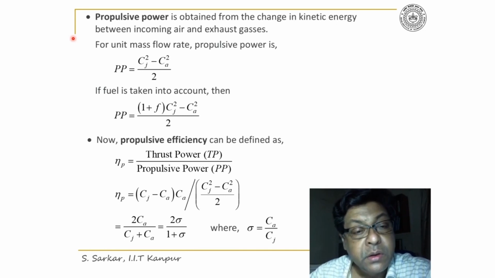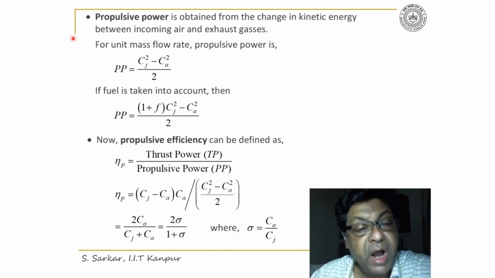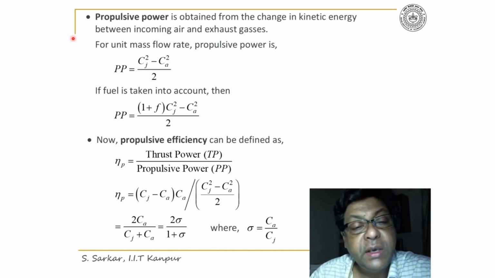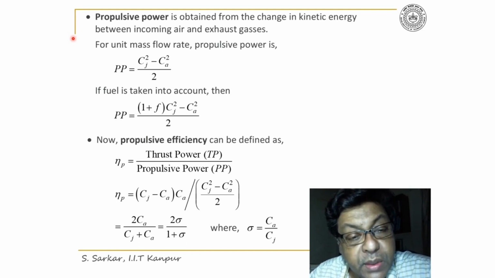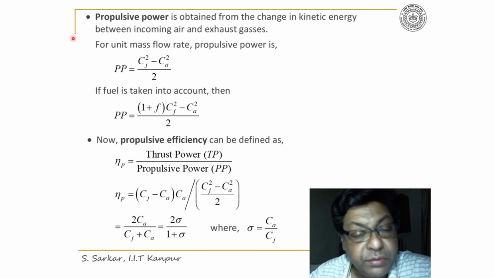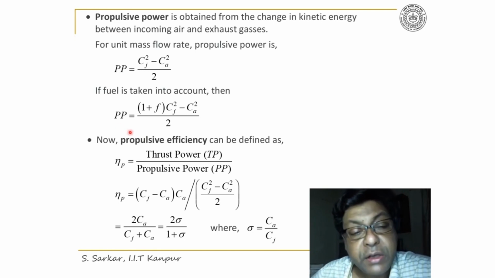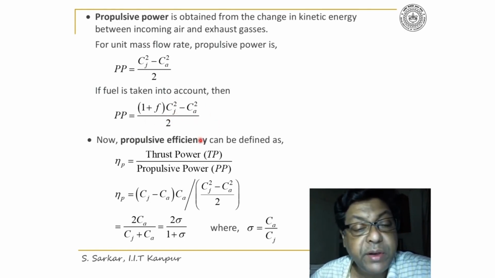Thus, for unit mass flow rate, the propulsive power is defined as Pp equal to Cj squared minus Ca squared divided by 2. Now, if the fuel-air ratio is taken into account, then Pp is equal to 1 plus F into Cj squared minus Ca squared divided by 2.